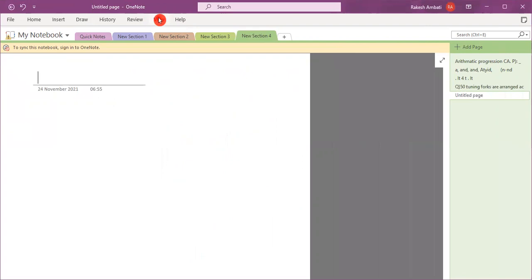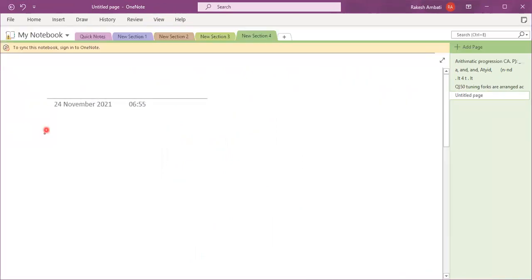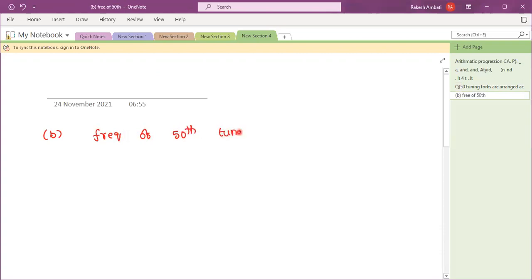Same, we have to follow the AP formula. We are finding the frequency of the 50th tuning fork, so n is given as 50.